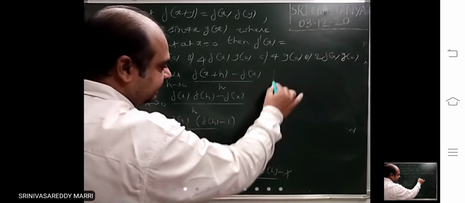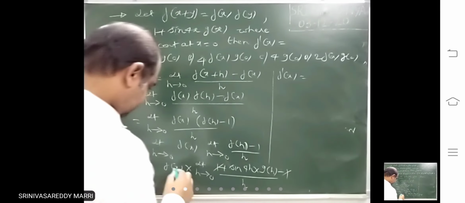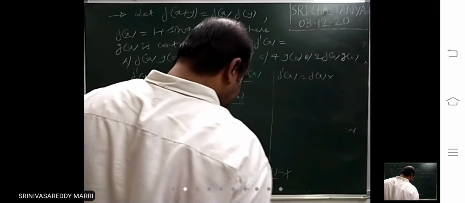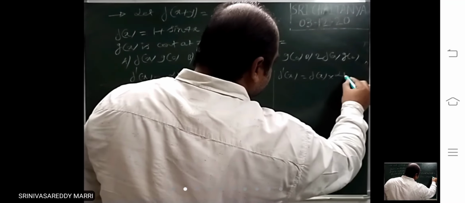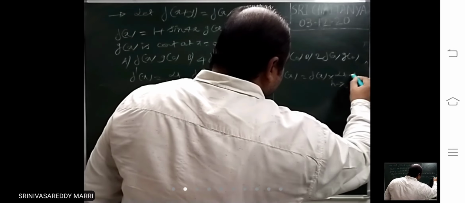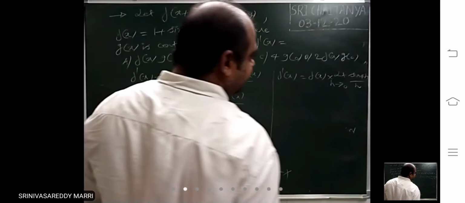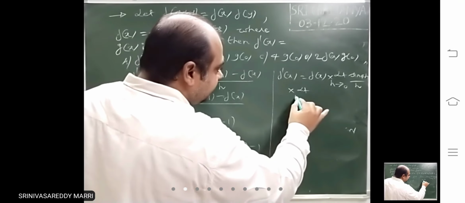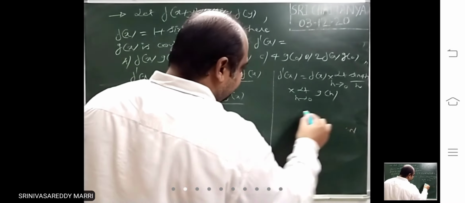So that means I am writing here, f dash x equal to f of x into sine 4h divided by h separate and limit h tends to 0, g of h separate.